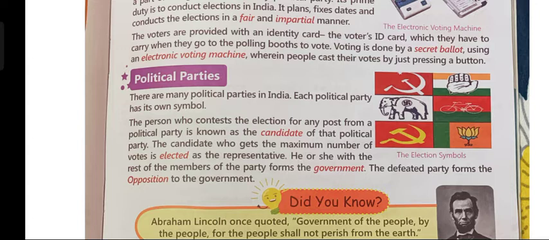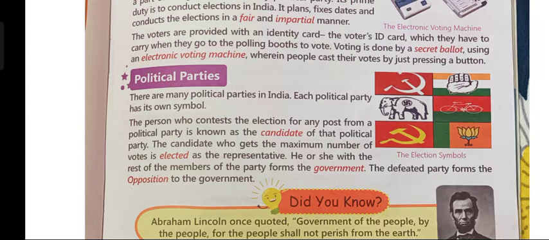He or she, with the rest of the members of the party, forms the government. The defeated party forms the opposition to the government. Now, children, there are many political parties in India, and each political party has its own unique symbol. As you can see over here, there are many symbols of different political parties.